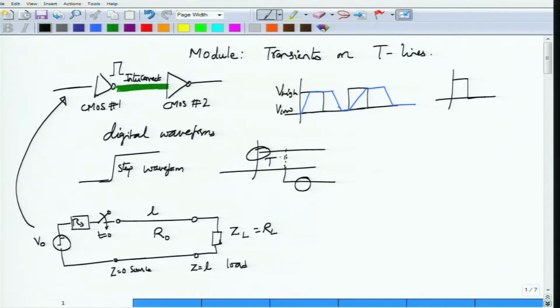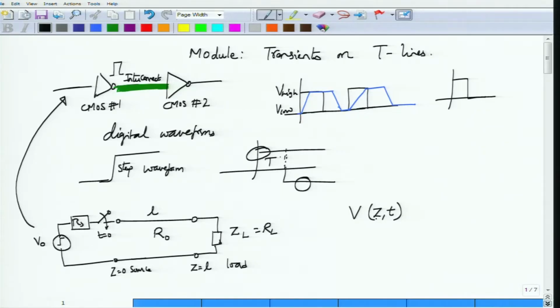Now before t equal to 0 there is nothing happening, so the voltage across the load is 0, but at t equal to 0 when we connect the source to the transmission line, what would happen? We know that voltages on the transmission line are functions of both z and t, right?